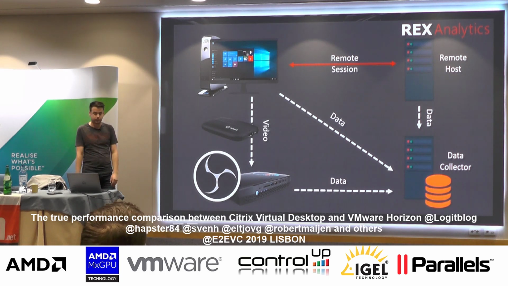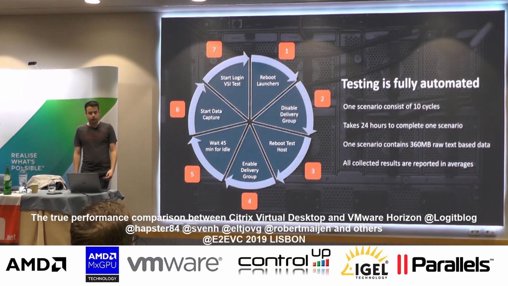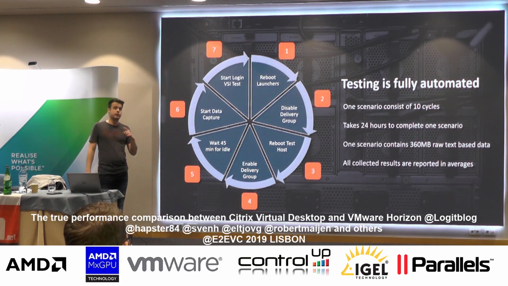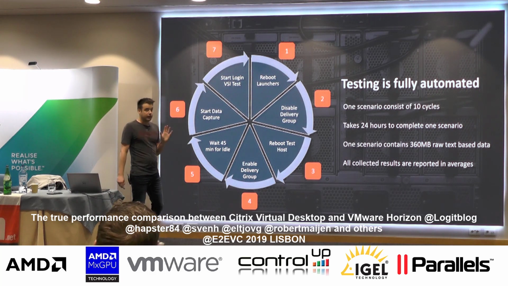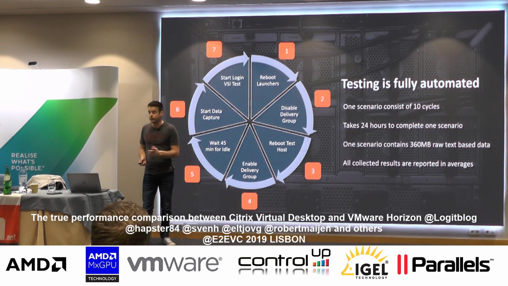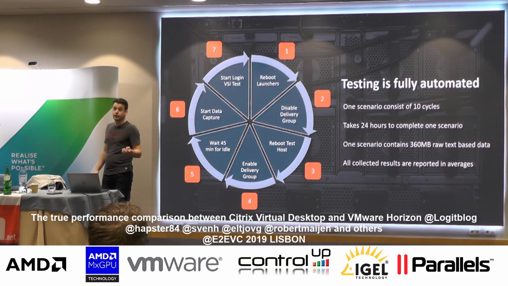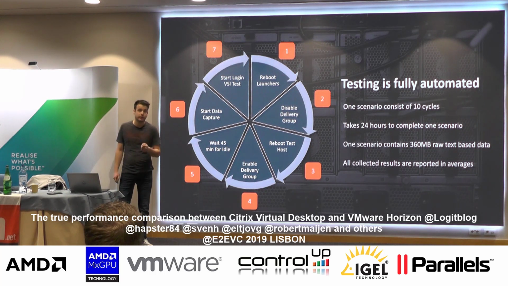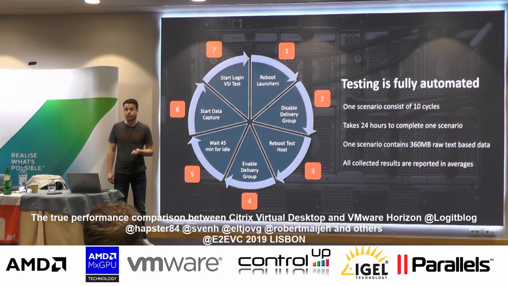To get an idea of how we do these test cycles, all the tests are fully automated. We prepare 1 scenario, then we kick it off, and we repeat that 10 times. So all the results are not based on just a single run; there are multiple runs.